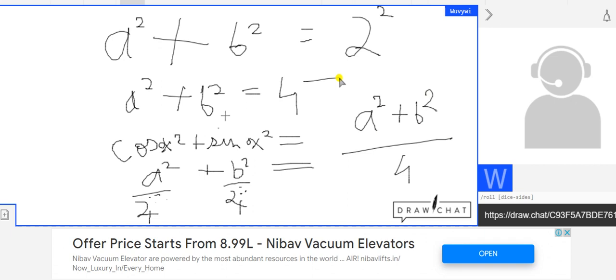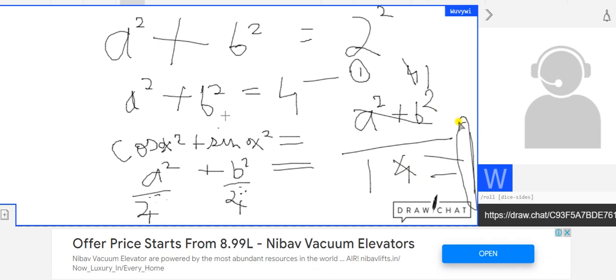We already have an equation: a square plus b square is 4, nothing but 4. So 4 and 4 will get cancelled, and the answer is 1.